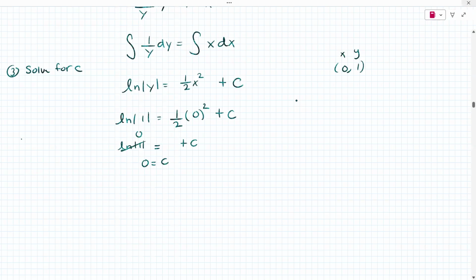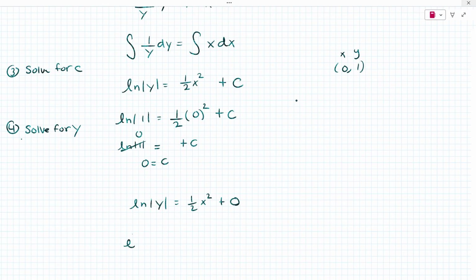Okay. Then we'll solve for y. So we had ln of absolute value y equals 1/2 x squared plus c. Oh, our c is 0, so you could just replace c with 0. Now, how do we solve for y? Well, we have an ln, so there's a big clue. I'm going to have to take the e of both sides.